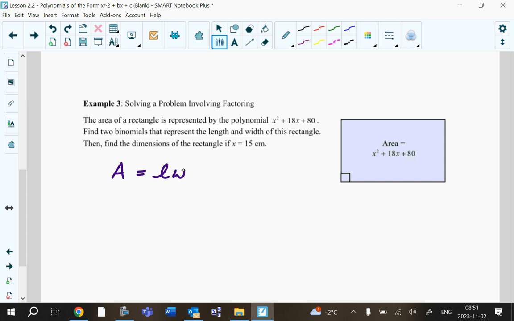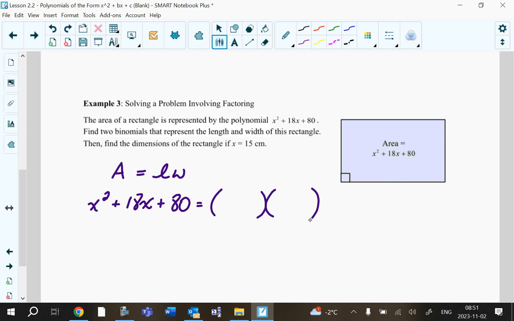Well, I'm told the area is x squared plus 18x plus 80. And I need to figure out what times what gives me this. Well, that's factoring. And that will be my length and width. So this is factoring.